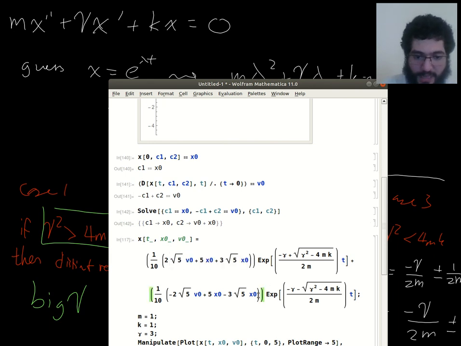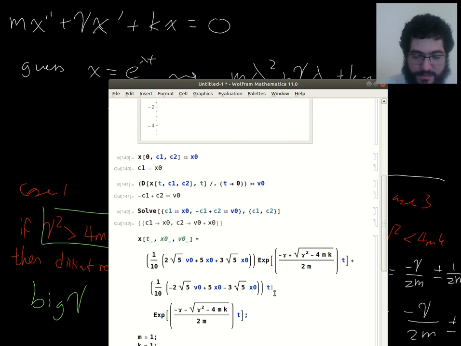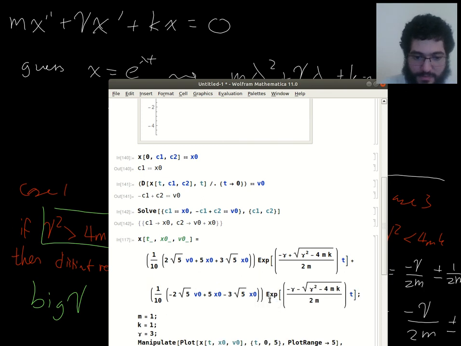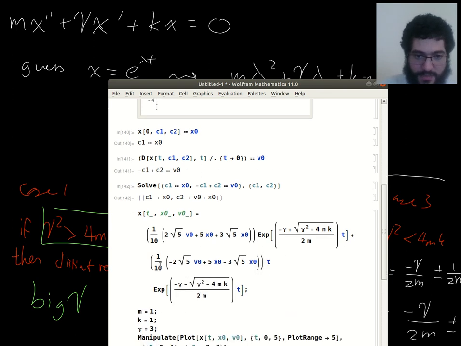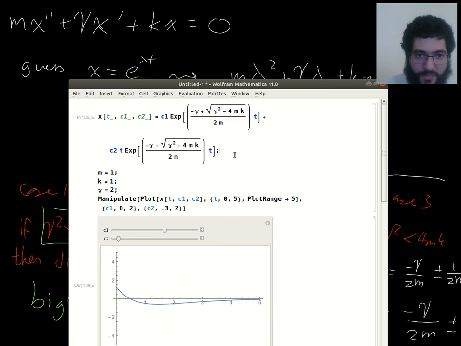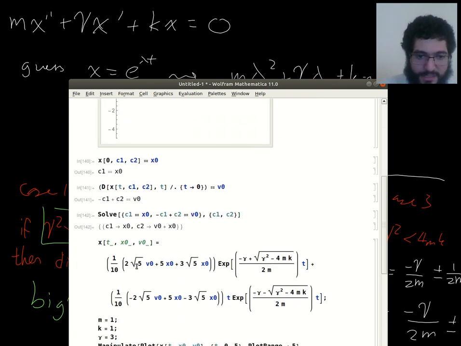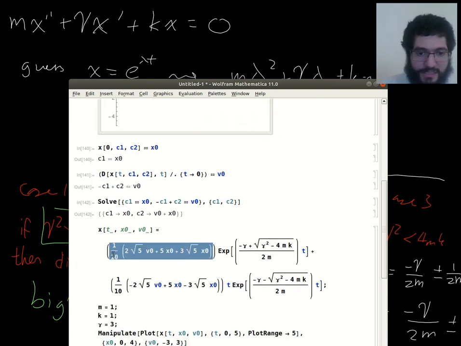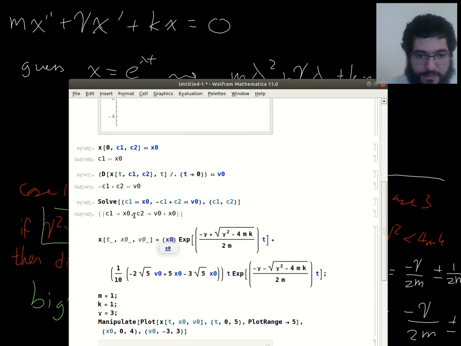So here I added in a t, right? Okay. And this used to say C1. Let me just copy from up there. No, that'll take too long to change everything. Yeah, so this used to say C1. Now it'll say x naught.